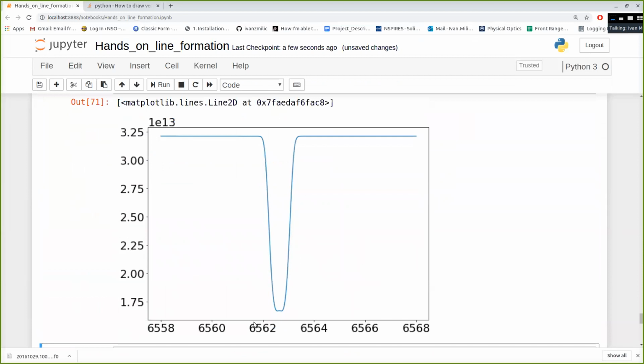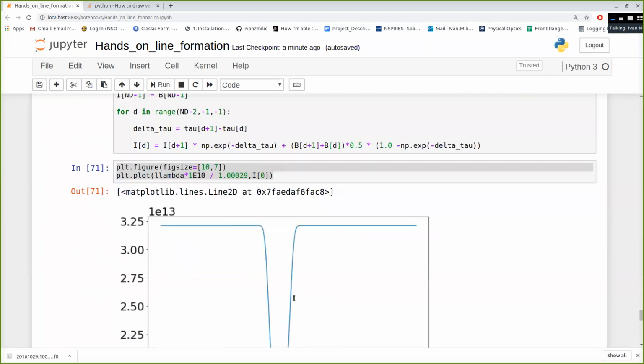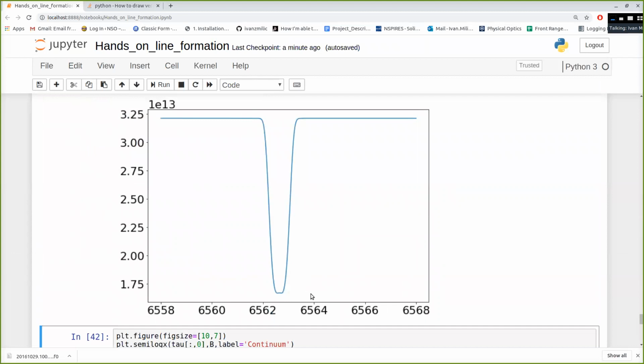So, okay, this is a more reasonable absorption line. You see now that even when I decrease the opacity by 100, so the previous result was wrong, we get a strong line with a small hint of emission in the center. And if I decrease it even more, it's going to be an even more reasonable absorption line, and so on and so on.